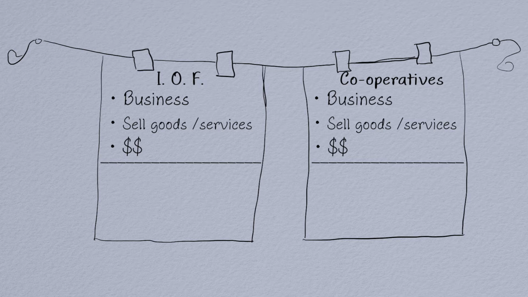But you've also, I think, seen as I've gone through these examples that there are some differences between these two organizations. And the key difference is who is making the decision about the provision of this good or service. In the one case, it's a set of investors. In the other case, it's the people who are actually buying the good or service.